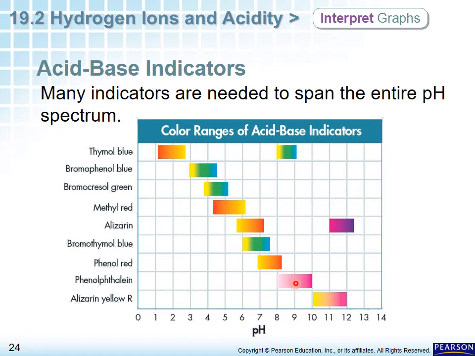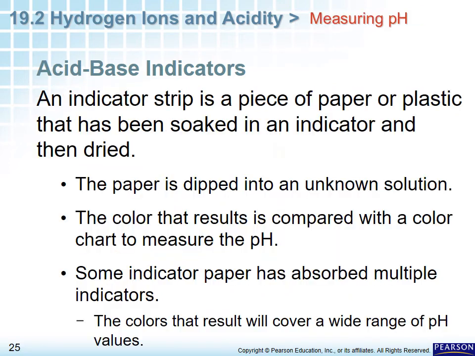In the base it gives you the pink color. And here thymol blue is most common for the acidic form. Also methyl red, it gives the orange color here. So there are the different acid-base indicators.